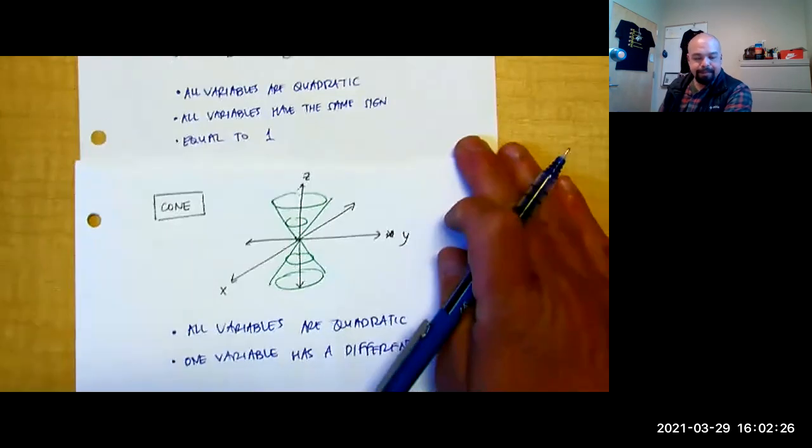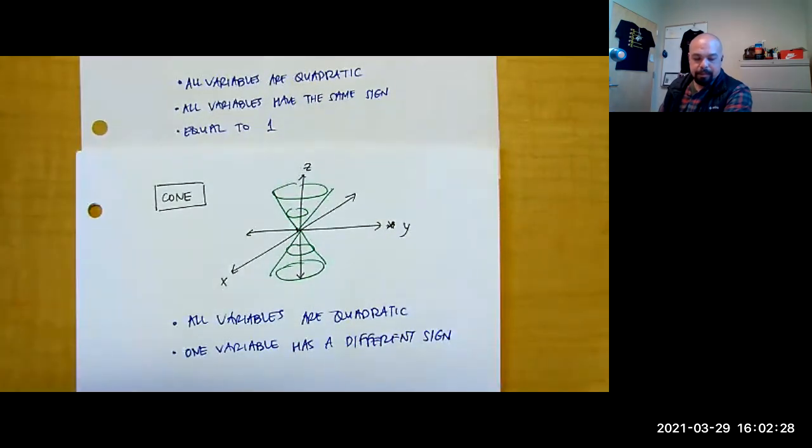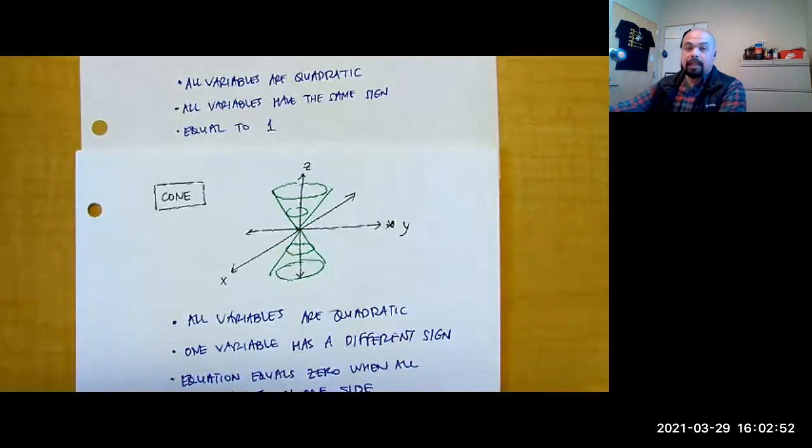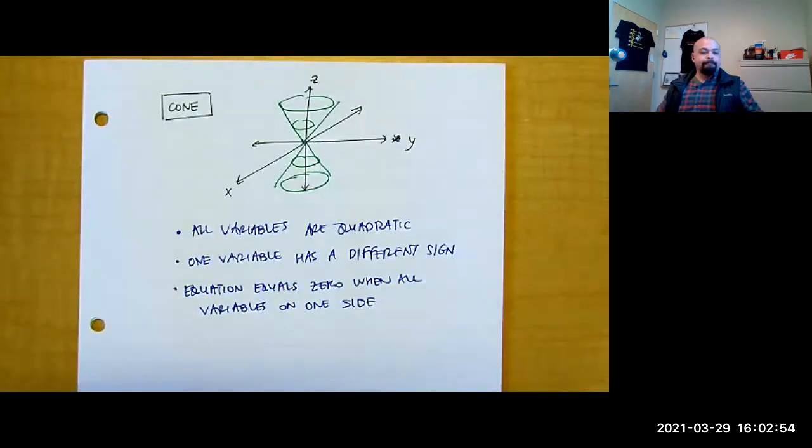And we'll see that in discussion in just a second. And lastly, we'll have that the equation equals 0, right, with all variables on one side. Okay, let's slide this up so we can read that all.